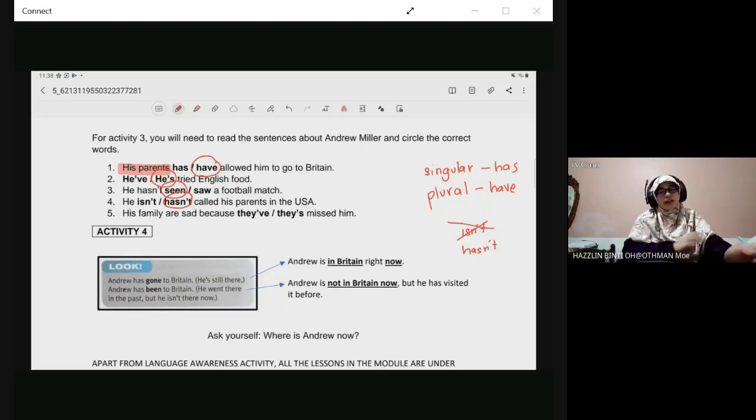Now let's look at the next one. His family. Is that singular or plural? Plural. Yes, plural. Because in a family, you have your mother, you have your father, you have your big brother, you have your big sister, you have your little sister, you have your little brother.